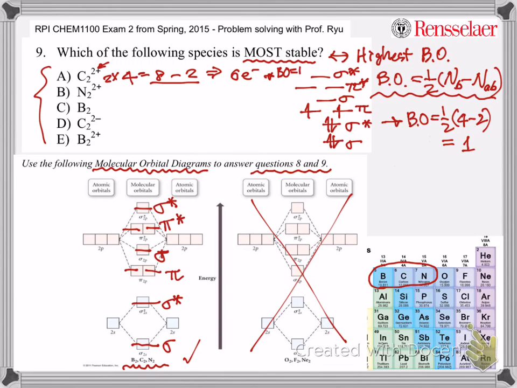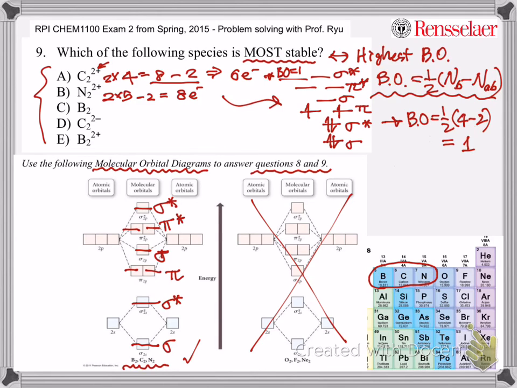For the nitrogen, which has 5 valence electrons, you have 2 times 5, which is 10 electrons, and you need to lose 2, so that makes it 8 electrons. Looking at this diagram, I need to add 2 more electrons.